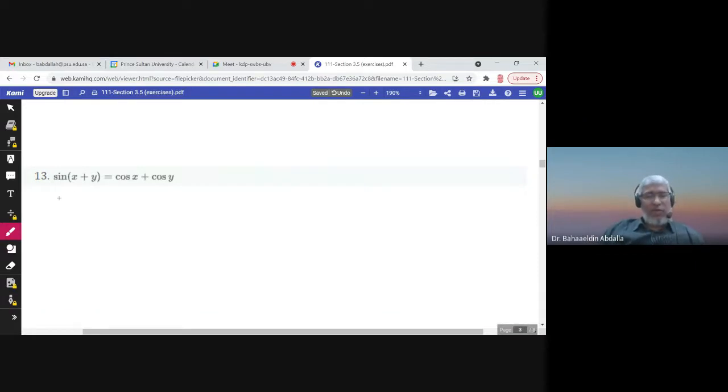Derivative of sine is cosine using the chain rule, times the derivative of the inner function. Derivative of x is 1, derivative of y is y prime. Derivative of cosine x is negative sine x. Derivative of cosine y is negative sine y times y prime, because y is a function of x.